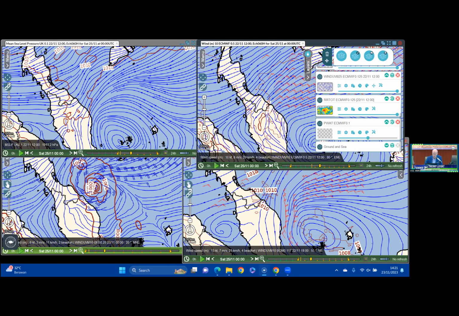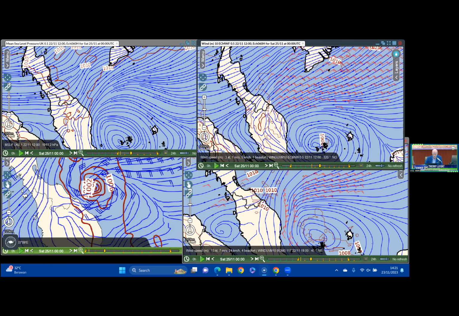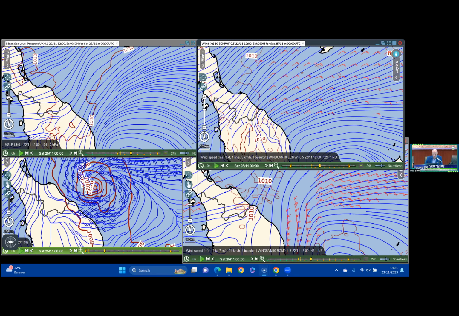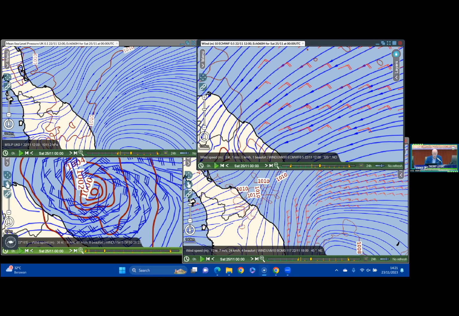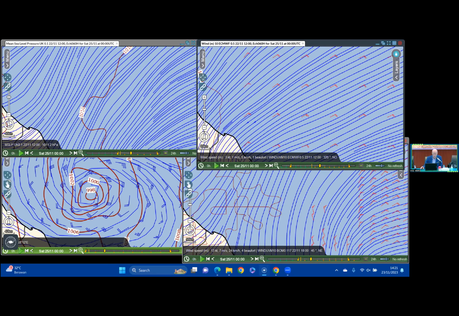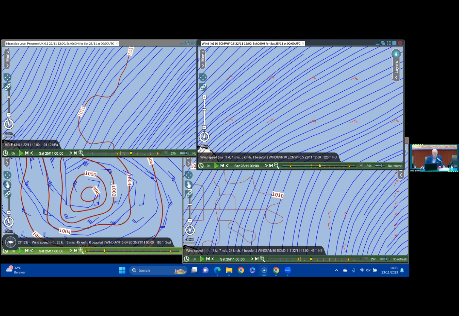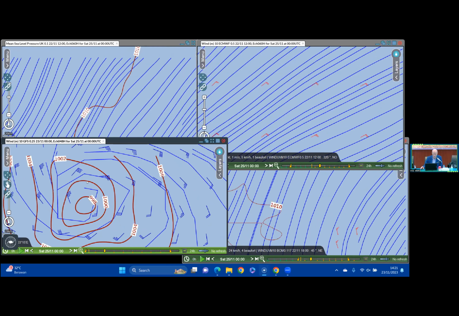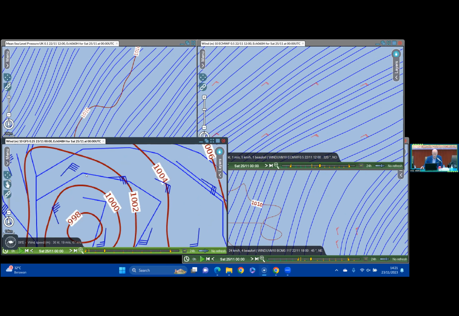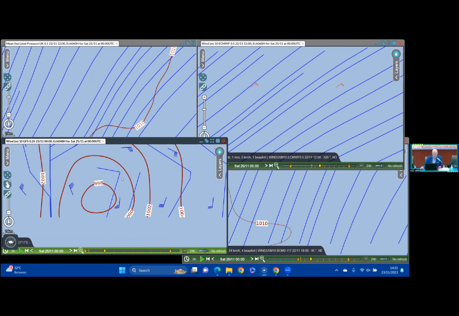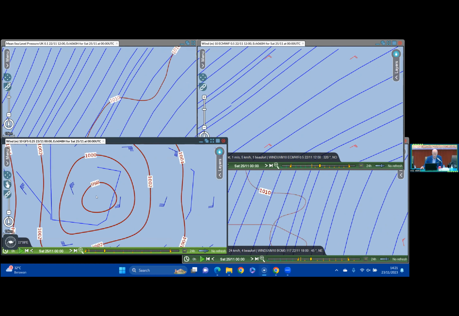So the GFS produces for Saturday morning a deep tropical depression, and even if you look at the strength of the wind, you've got 40 knots sustained winds and 998 hectopascal, which is a tropical storm.